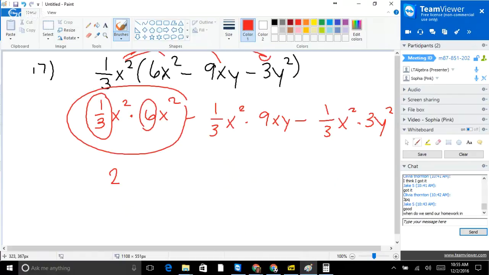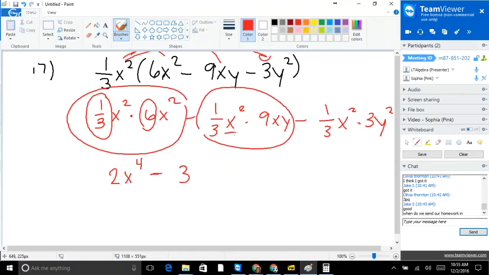So 1/3 times 6, we're going to start simplifying this guy, right? 1/3 times 6 is actually just 2. And then what's x squared times x squared? X to the 4th. Yep. Now the second one, 1/3 times 9, which would be 3.